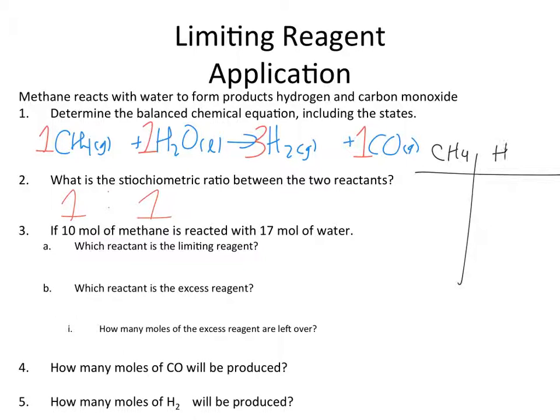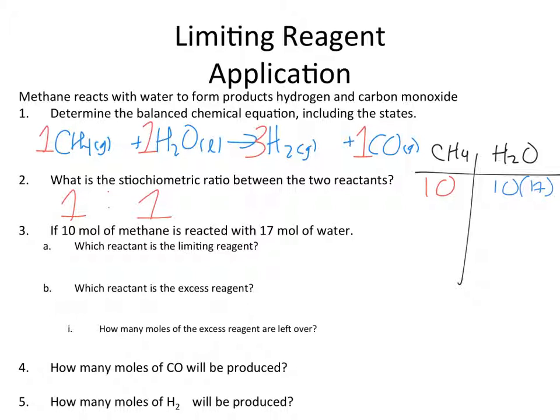If CH4 was our limiting reagent, and I had 10 moles, how many moles of water would be needed to react with it? If it's a 1 to 1 ratio between CH4 and H2O, and I had 10 moles of CH4, I would need 10 moles of water. Do I have that? I do indeed.